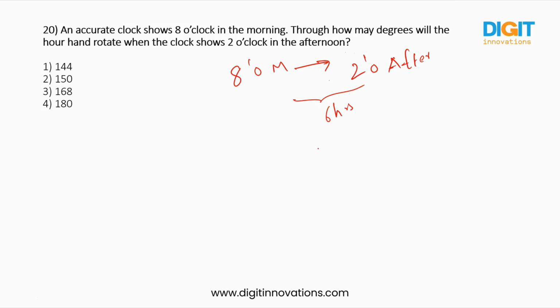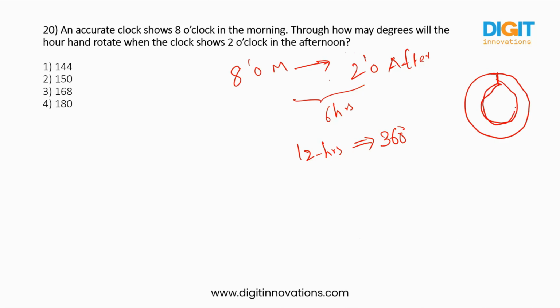We know the clock has 12 hours. How many degrees does it complete? We know it is 360 degrees because it starts from here and comes back. In these 12 hours, it covers a total of 360 degrees.